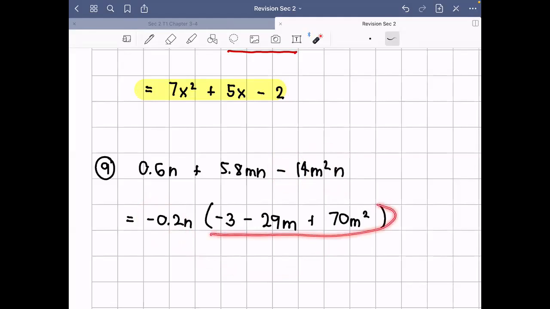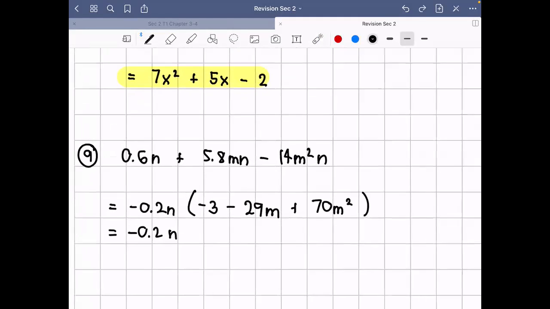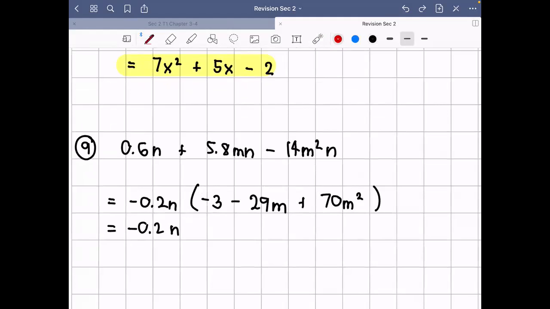So what are we supposed to do with this? You remember from yesterday? So this is negative 0.2n. Then what are we supposed to do here? We're supposed to do guess and check, right? So what are the factors of negative 3? 1 and negative 3, or it can be 3 and negative 1.